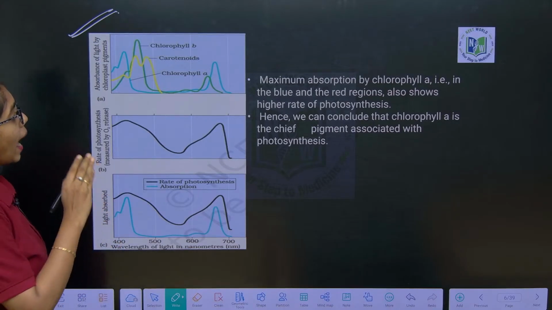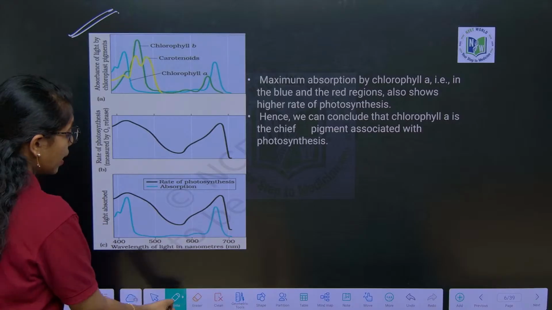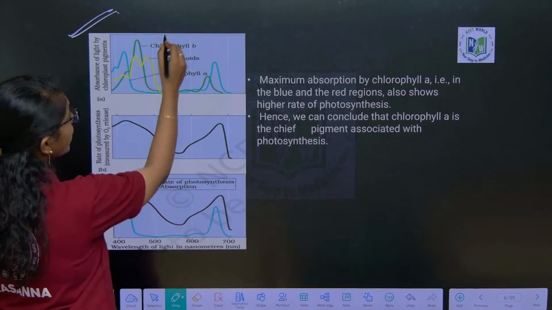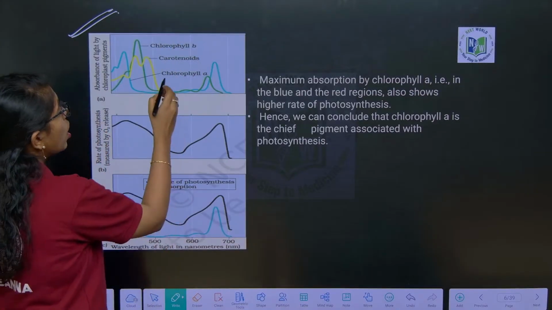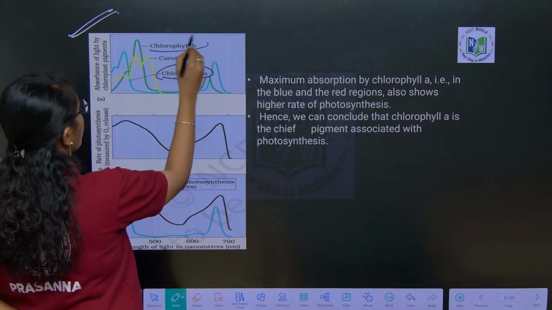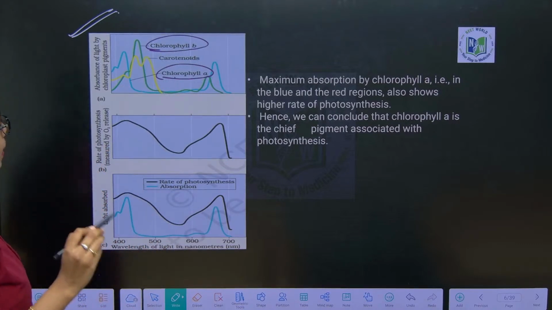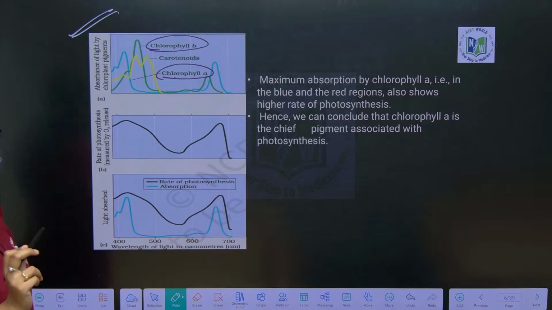Here in the absorption spectra, if you see in our academy book, three pigments are projected. One is chlorophyll A, second is chlorophyll B, and third is carotenoids. Chlorophyll A, B and carotenoids.